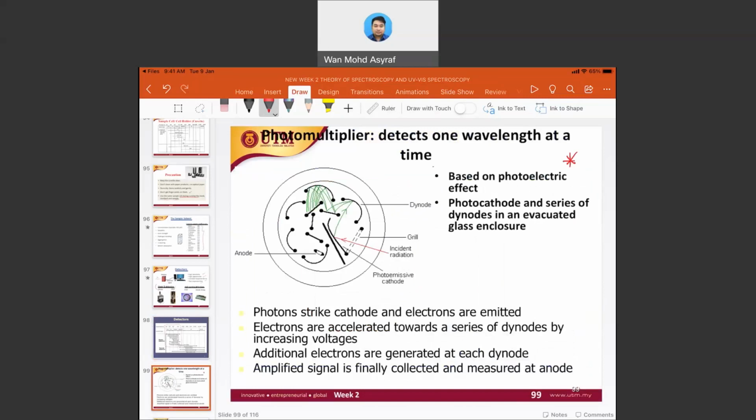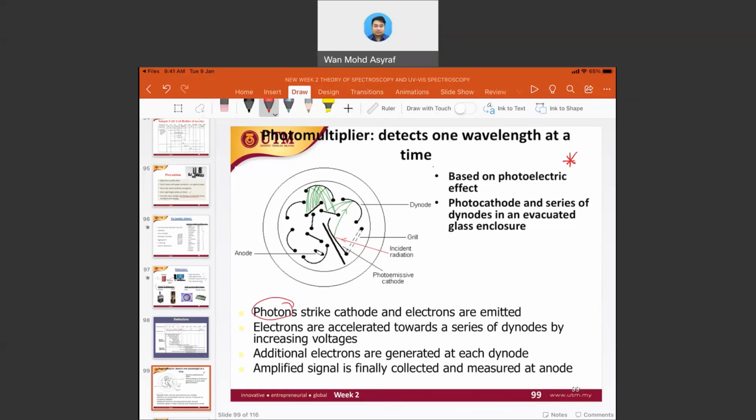Now I'm going to explain how a photomultiplier tube works. A photon, which is the light detected from your sample cell, strikes the cathode and electrons are emitted.